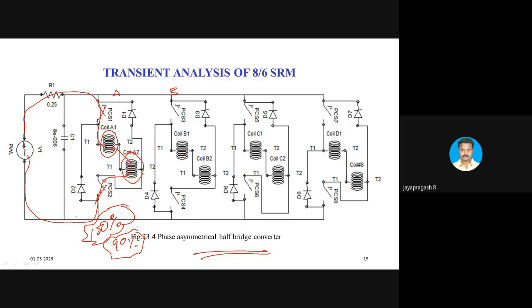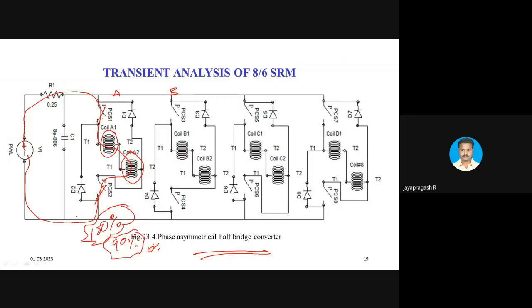The remaining 10% will remain in the field itself. It has to be demagnetized completely, and then you excite the incoming phase. So it is necessary to provide a freewheeling path for the current, so that we can demagnetize the energy remaining in the winding, and avoid the issues related to mutual inductance.